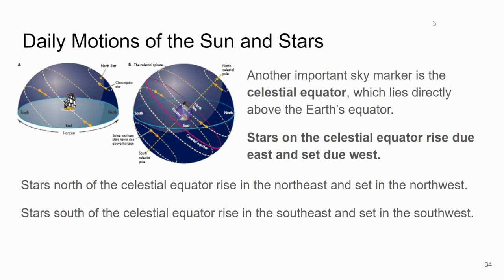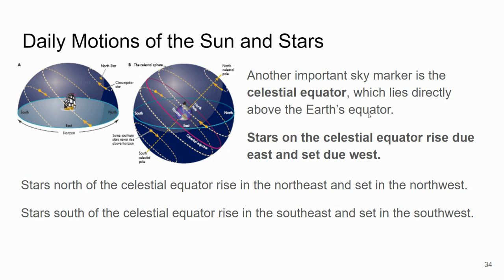So another important thing on the celestial sphere is this thing called the celestial equator, and this lies directly above the Earth's equator. So look in here, you see the Earth spinning on its axis. If you went to the equator and just blew the equator out in all directions, what you would get is this circle on the celestial sphere that is the celestial equator.